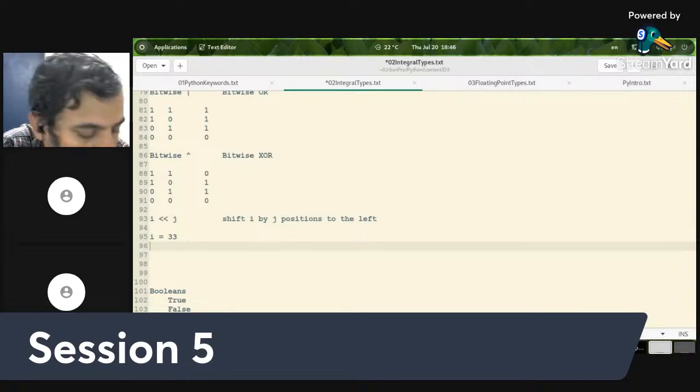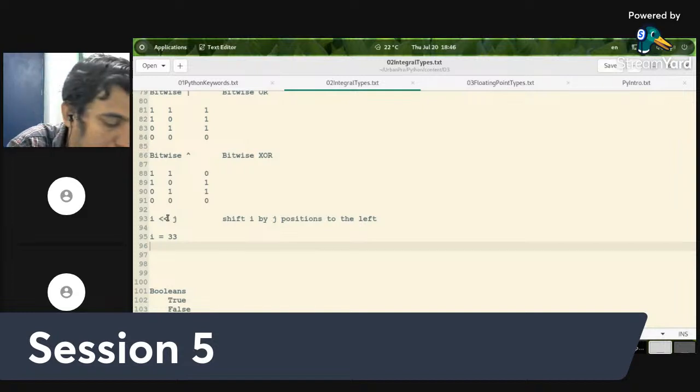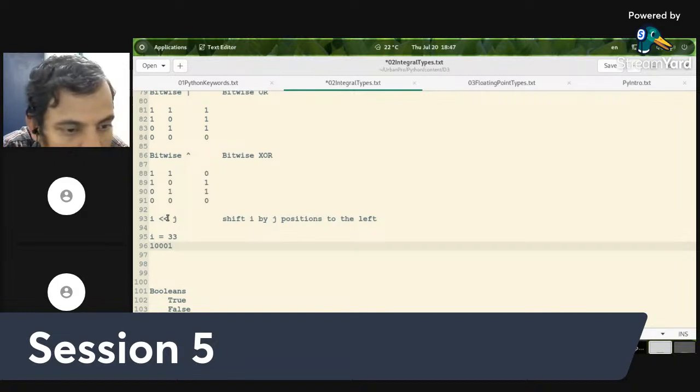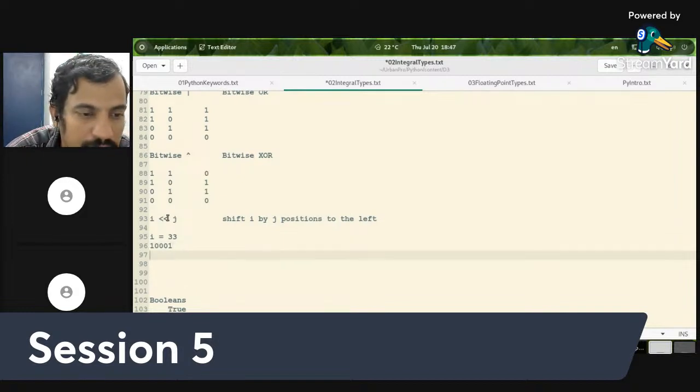In your console you can run the binary operation and tell me what is the binary equivalent of 33. 10001. Yeah, 2 power 5 is 32, 32 plus 1, 33. Yeah, right. So this is the binary equivalent of I.